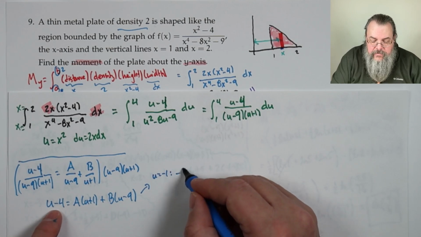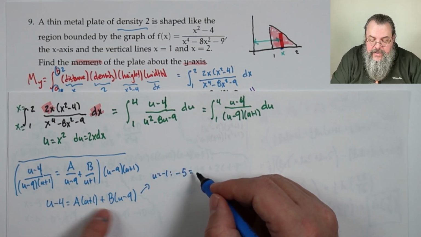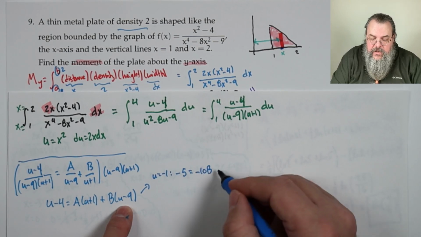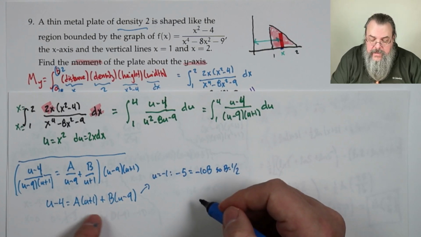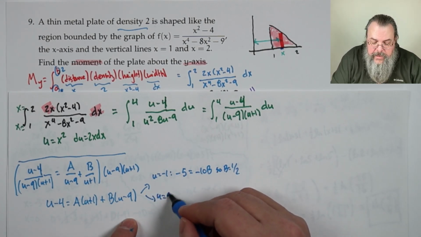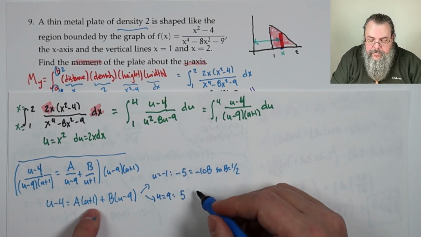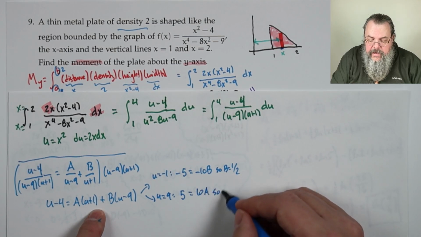We get minus 5, minus 1 minus 4, is equal to A times 0, and then we get minus 10B. So B is 1/2. And in a similar way, we say, okay, plug in u equals 9. 9 minus 4 is positive 5. 9 plus 1 is 10, so 5 equals 10A. So A equals 1/2.